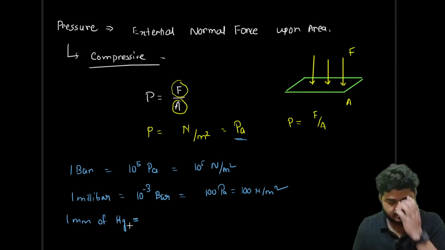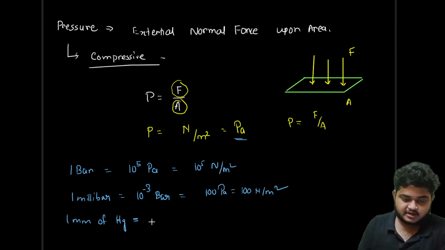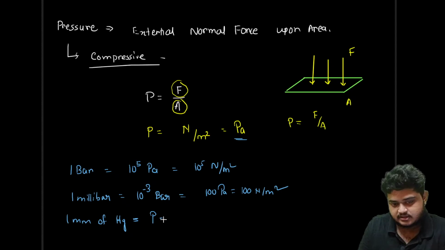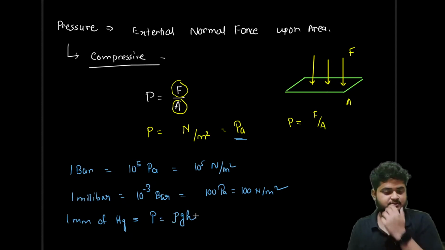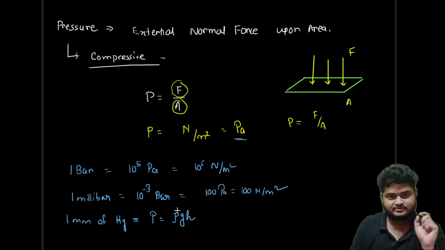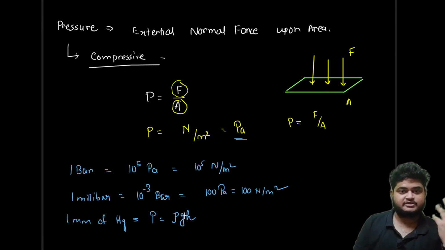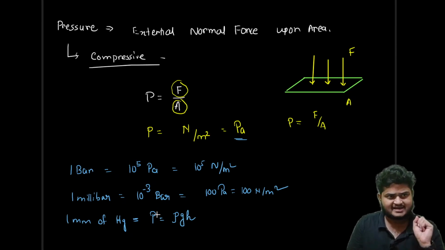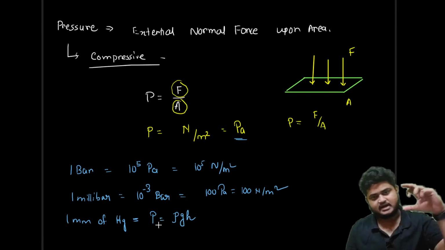In the hydrostatic law, we will encounter a formula which is P equals rho into g into h. I hope I have solved using this formula in the first chapter. A question was given: what is the pressure intensity of a gas or of a liquid if the height is h?